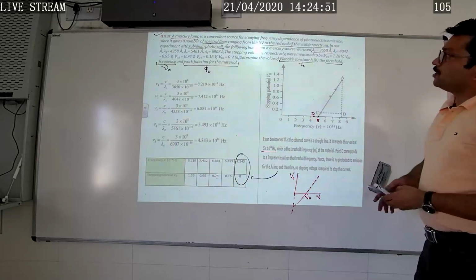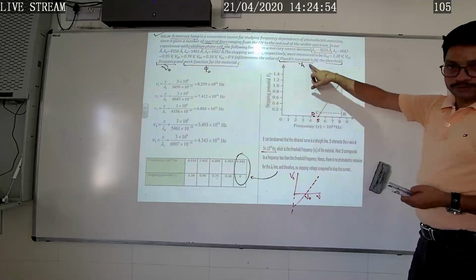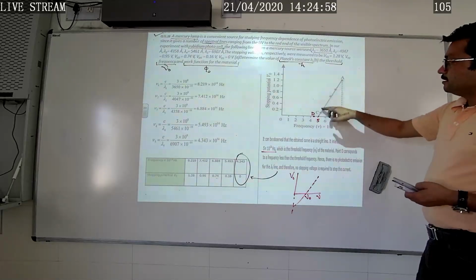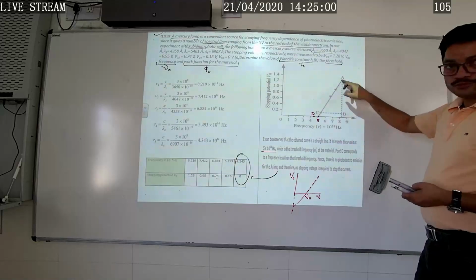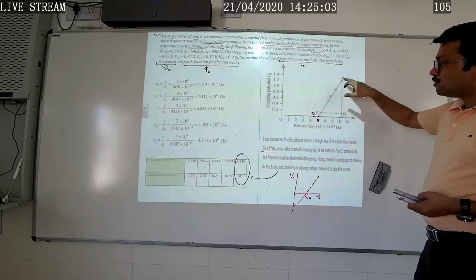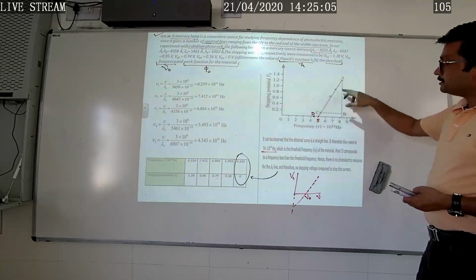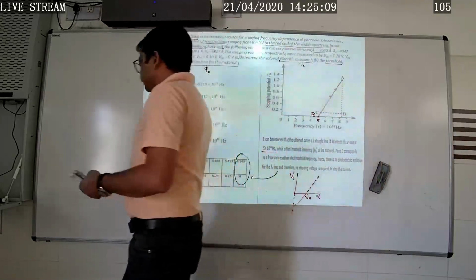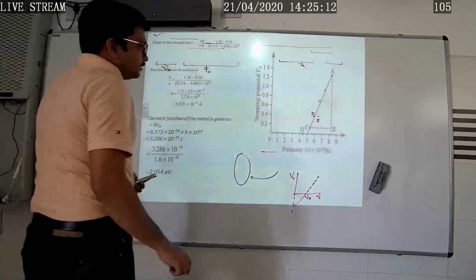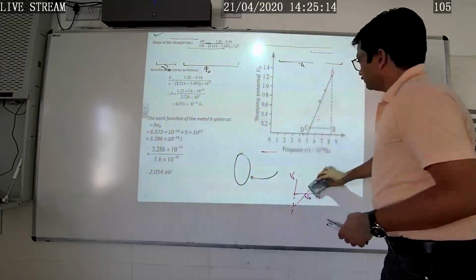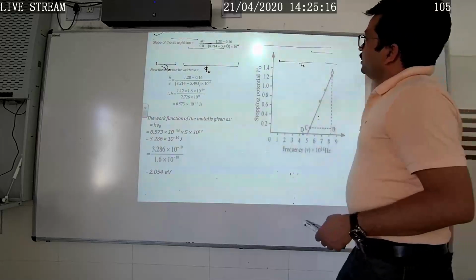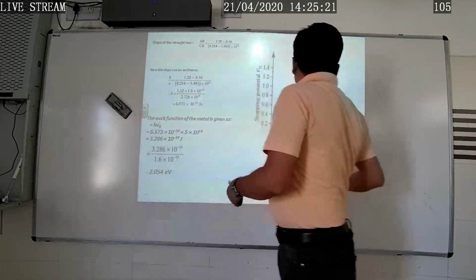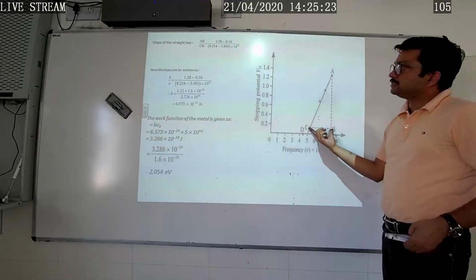Now we want to calculate Planck's constant. Planck's constant is calculated by evaluating the slope, and according to R. A. Millikan, this slope is nothing but h over e. We can calculate the slope of the straight line as AB over CB.